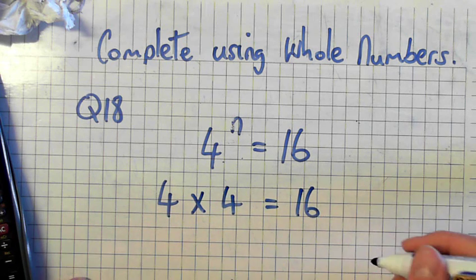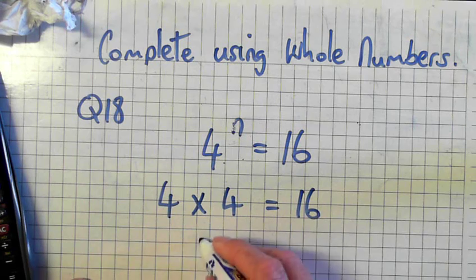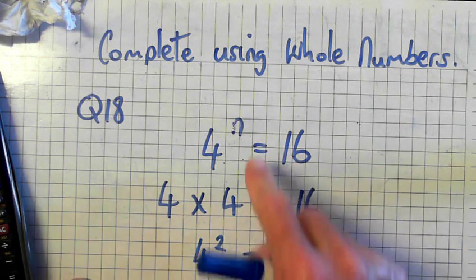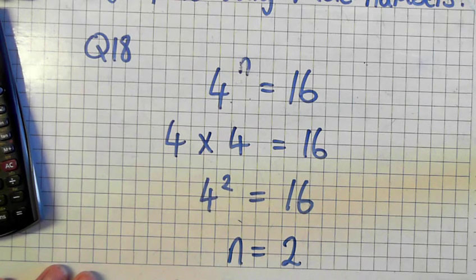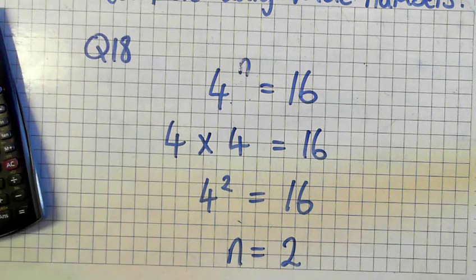So we figure out how many 4s we need to multiply, and then we write it like that. So it's 4 to the power of 2. So n was equal to 2, isn't it? n is equal to 2. That's how you do that sum from start to finish. Is that difficult, that one? No. Right. We'll do another one.